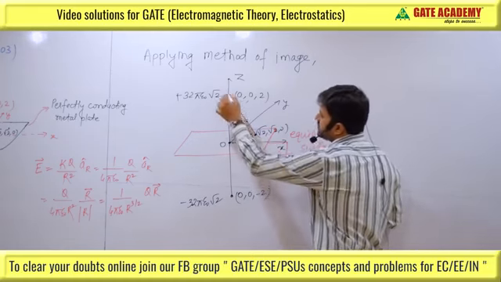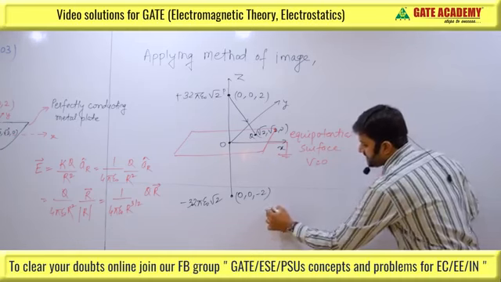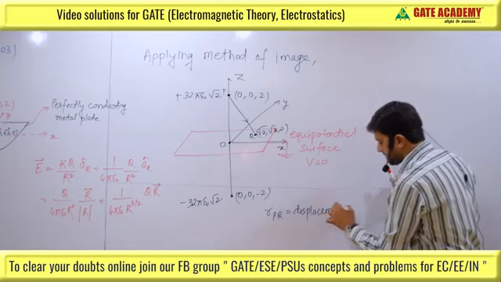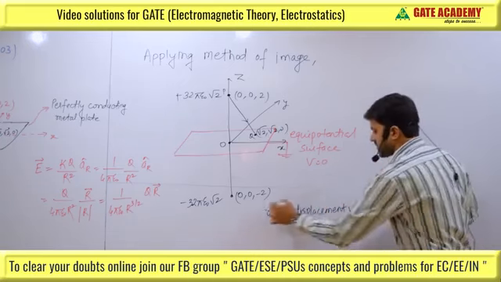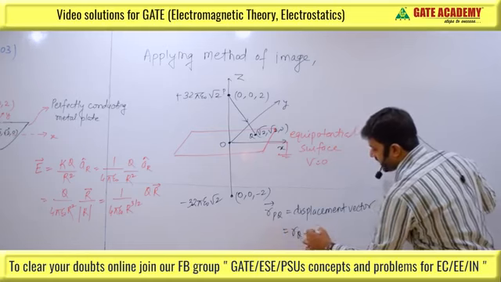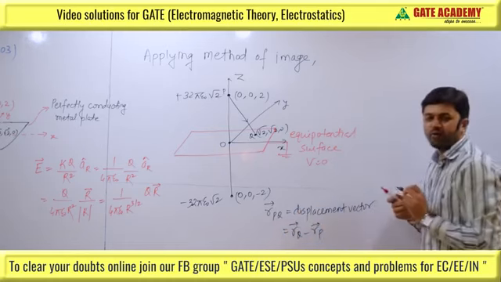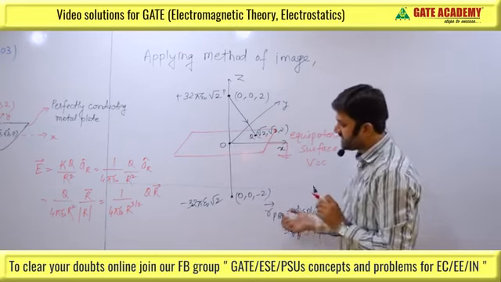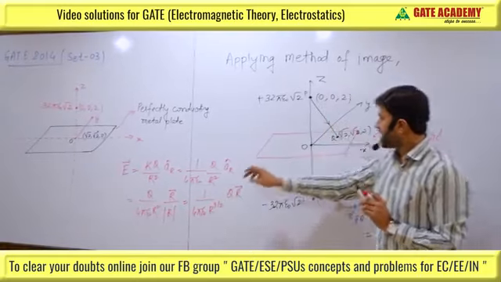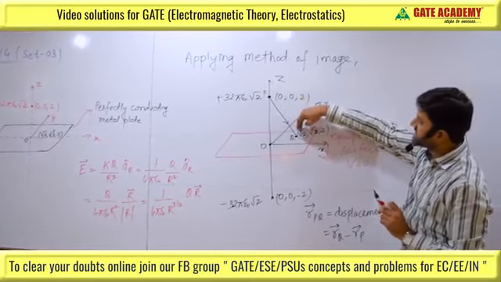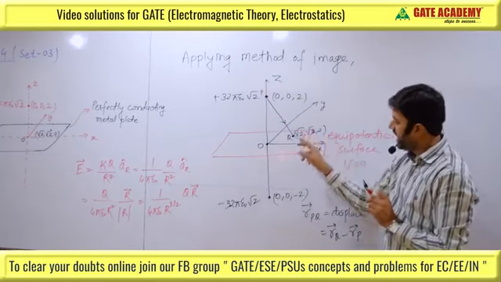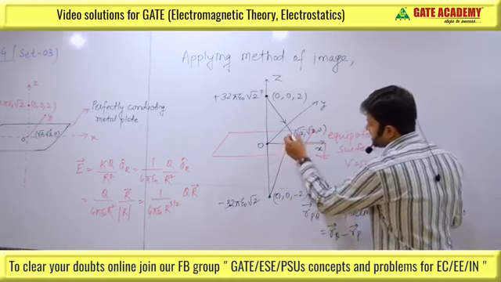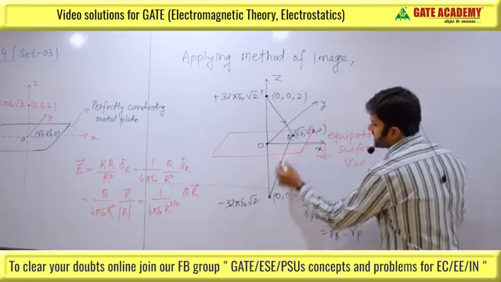Let us say this point is Q and this point is P. So the displacement vector R_PQ is given as R_Q minus R_P, final point minus initial point. Using this displacement vector and this formula, we can calculate the electric field intensity because of this point charge and also because of the other point charge, and for that we have to join the line from this charge to the point of interest.